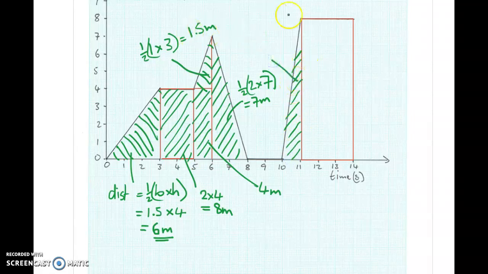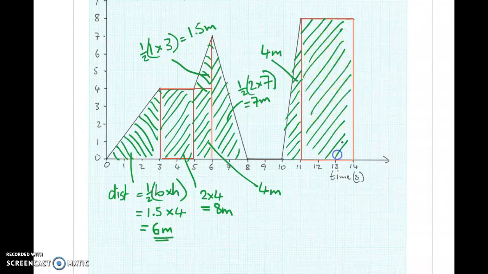This one is 8 high, so it's going to be half of 1 times 8. So that's 4 meters for that bit. And then finally we have this big rectangle here, which is 3 times 8, so 3 8s is 24 meters.